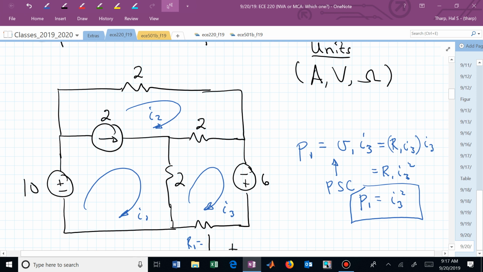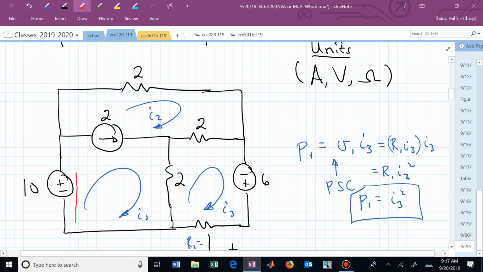Or if that current source was not associated with more than one mesh, I would just know that mesh current is indeed that current source, or it's negative, depending on how I'd drawn the mesh currents relative to the current source direction. In this case, that current source element is in more than one mesh. It's in 2, so now I need to think about a super mesh.